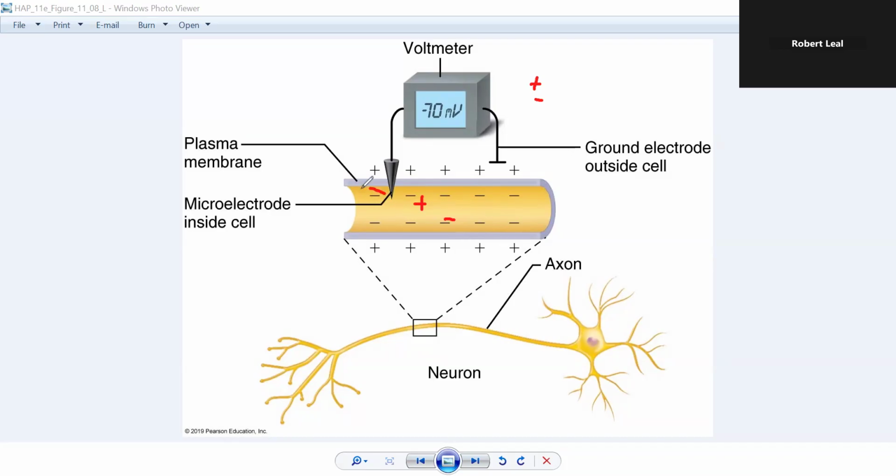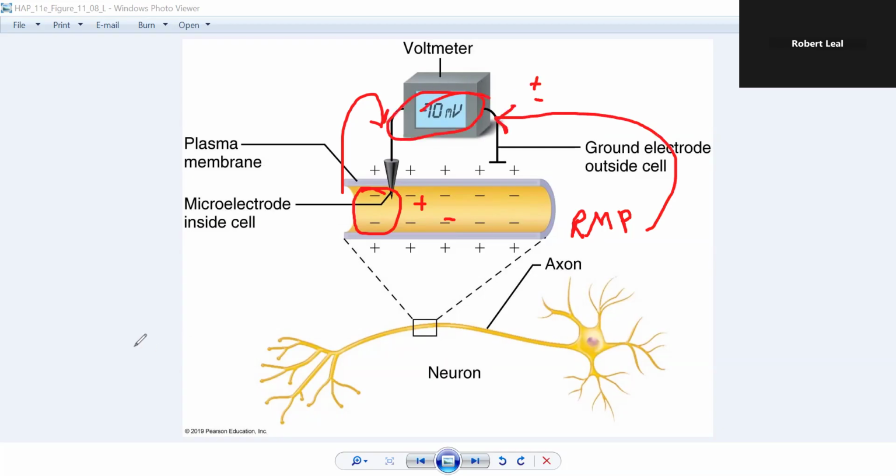Inside, it's more overall electrically negative when you compare it to the outside. This negativity compared to the outside is referred to as the cell's resting membrane potential. And in most cells, when it's at rest, that voltage is at minus 70 millivolts.